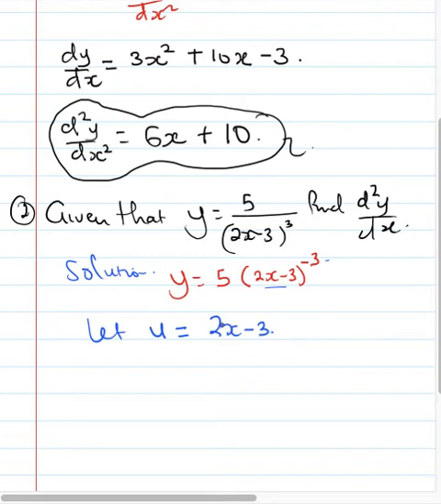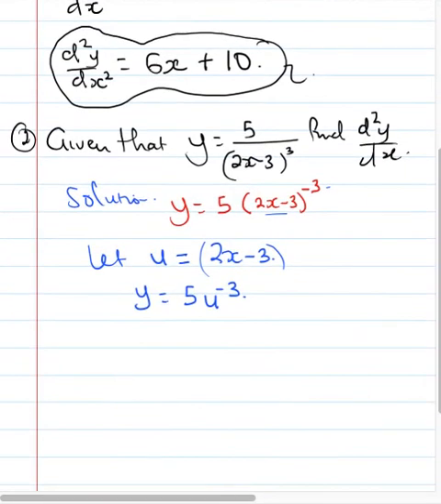So now y will be 5u to the power of negative 3. And now I hope you still remember our chain rule: dy/dx is equal to dy/du times du/dx.